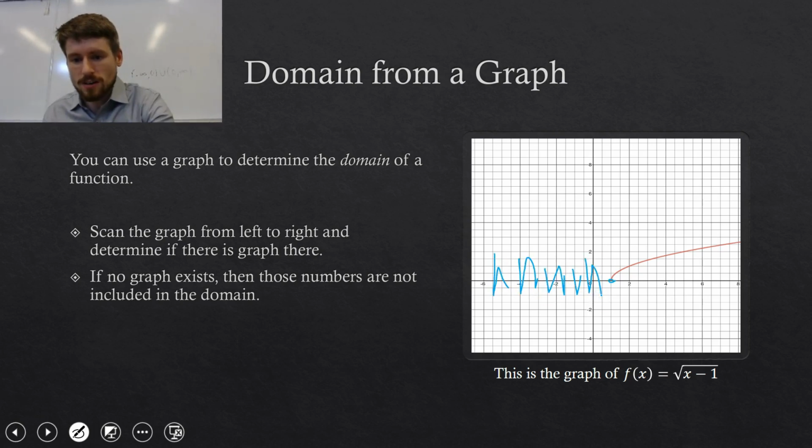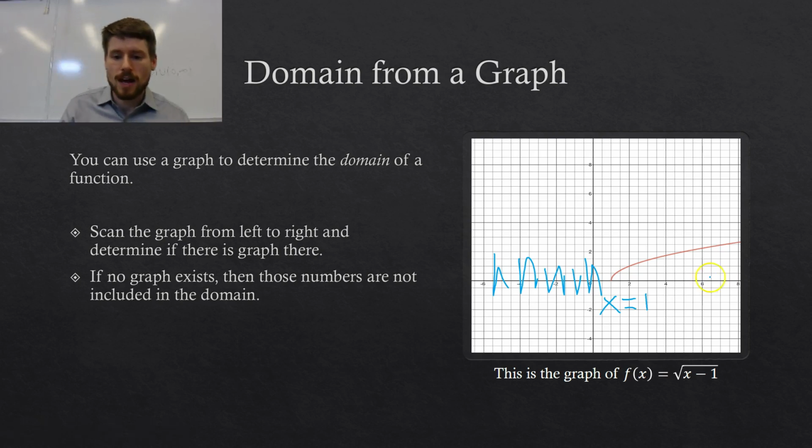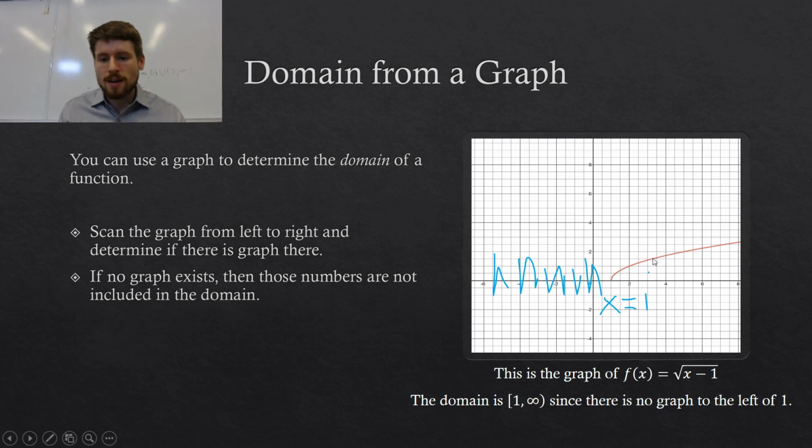And then we start right there, and that's the x input of 1. So we don't start to get graph until we get to 1, and then we get graph after that. So we can determine that the domain is 1 to infinity from that graph. There's nothing to the left of 1, so it's not in our domain. Okay.